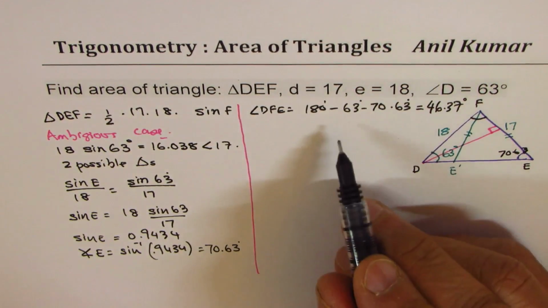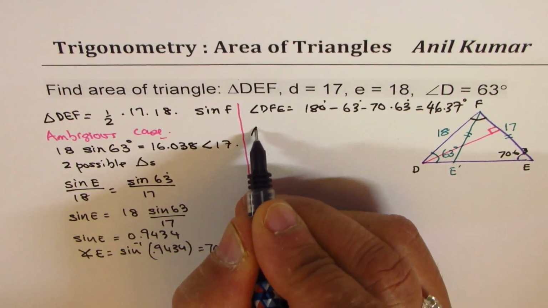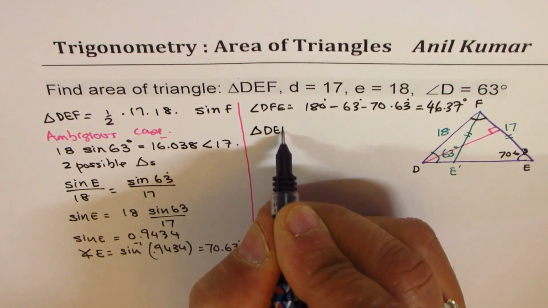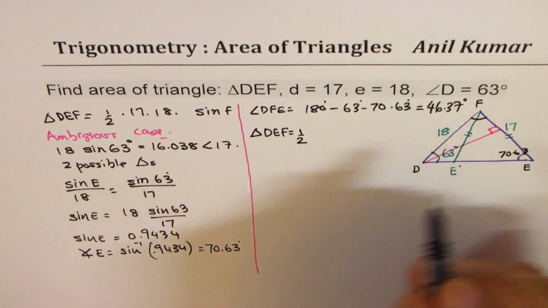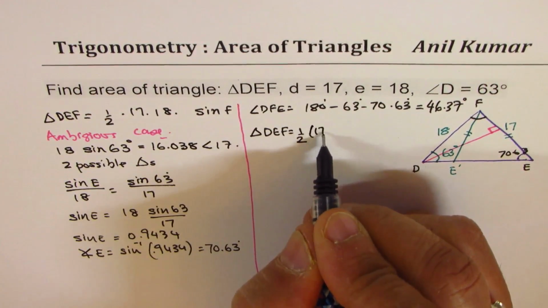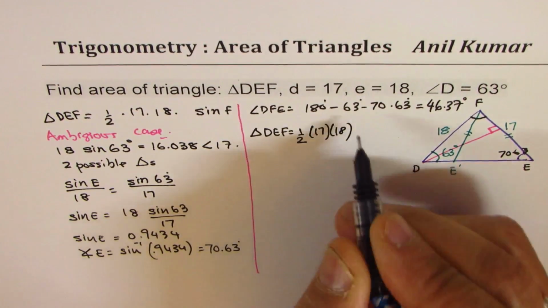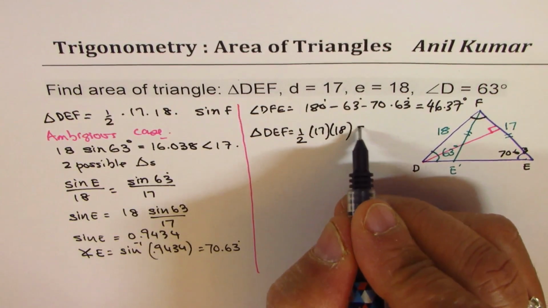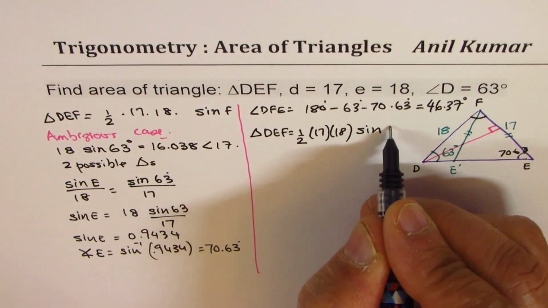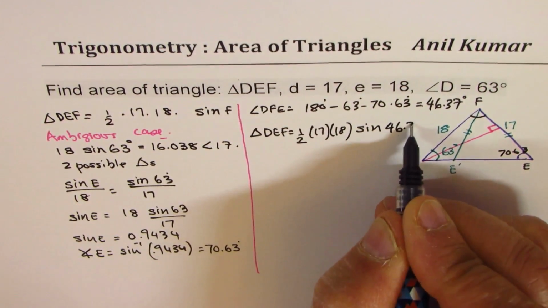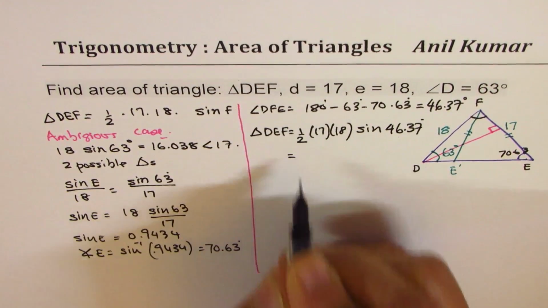Now we can always use the formula, and we say area of the triangle DEF is equal to half of 17 times 18 times sine of this angle, which is 46.37 degrees, right?